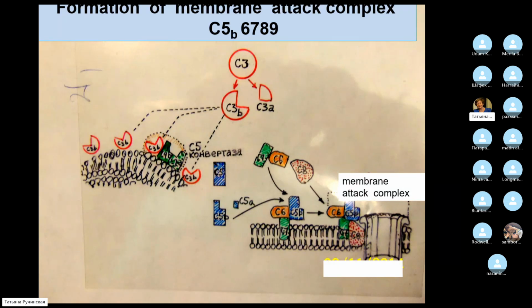That is why the tube appears, with a protein channel, so it will be hydrophilic, and this will lead to irreversible damage of the cellular membrane.